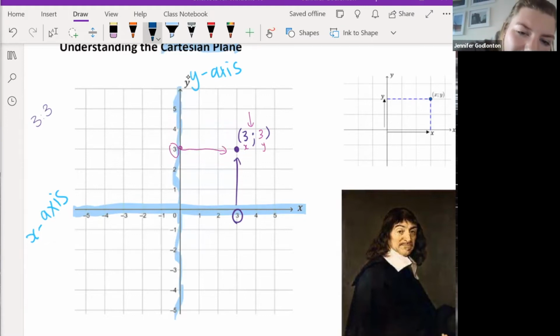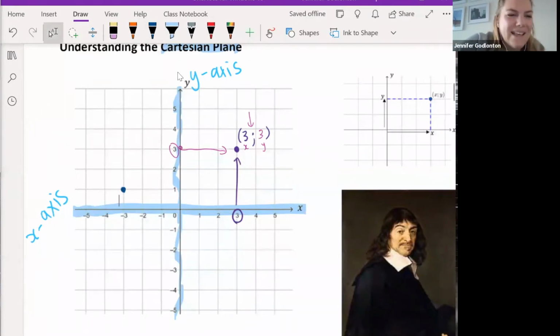I would like you to give me the coordinates of that dot I have drawn over there. Maya, can you tell me the coordinates of that dot?